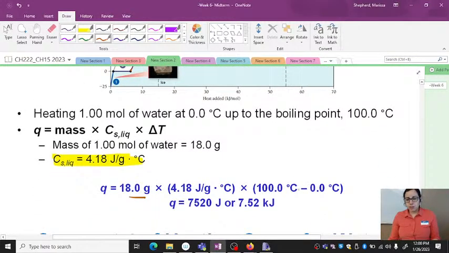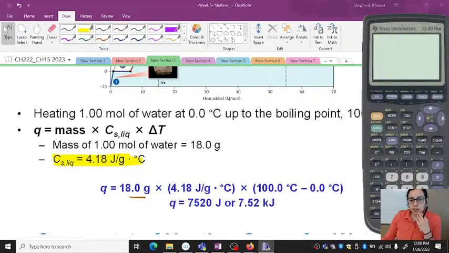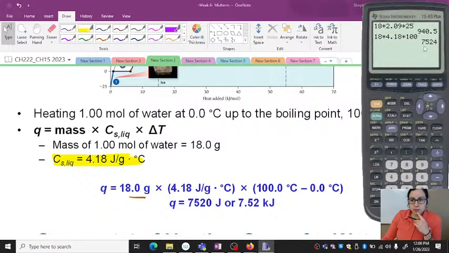That's what they've done here. So we got 100 for our delta T. Let's plug that in so we can agree with their value. Again, this is given in joules. So this spits out joules, and then you can write it as 7.52 kilojoules.